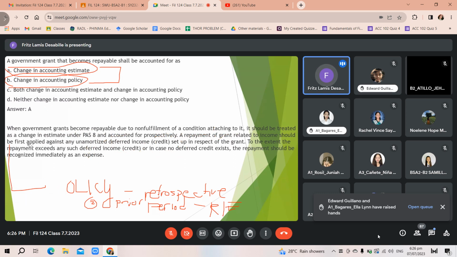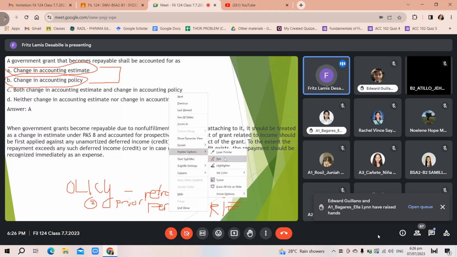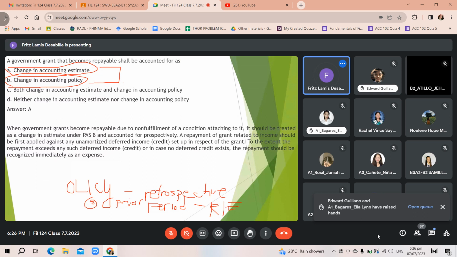So when government grants become repayable due to non-fulfillment of a condition attaching to it, I haven't discussed why a grant becomes repayable. A grant can be repayable if the condition was not fulfilled.